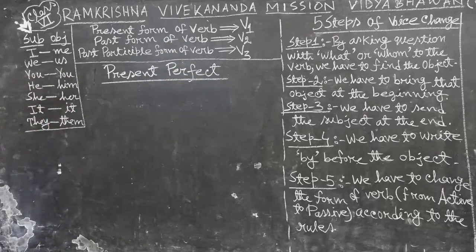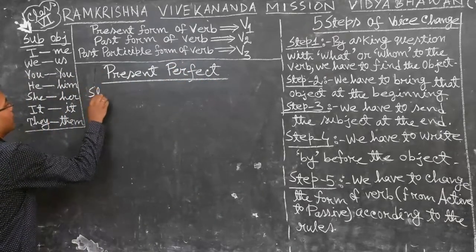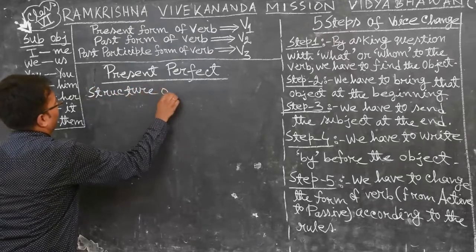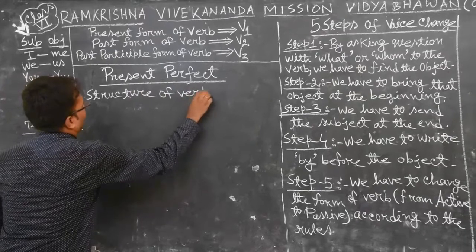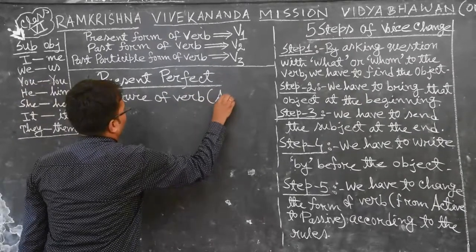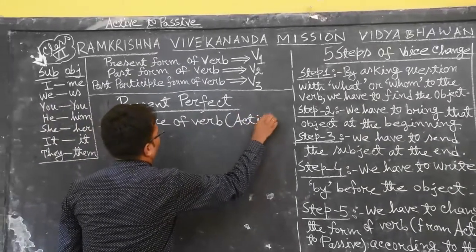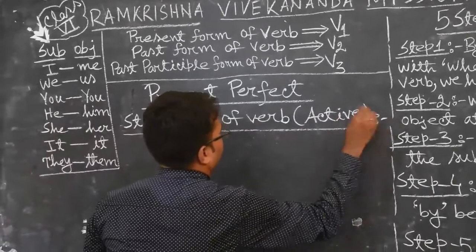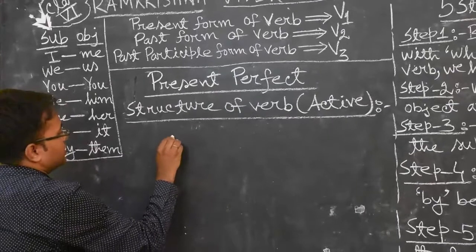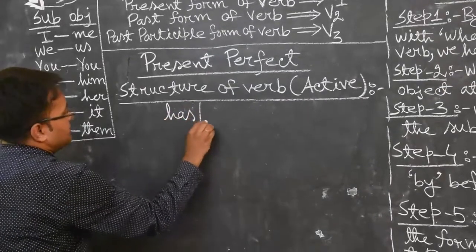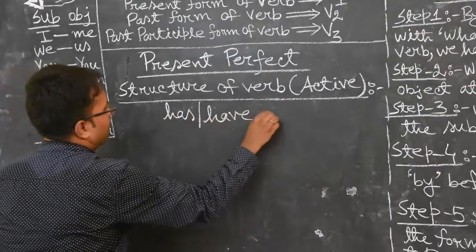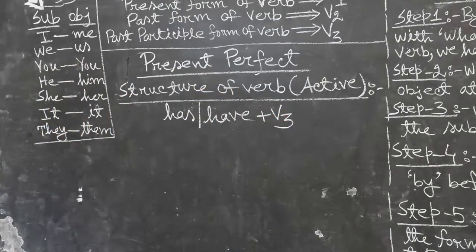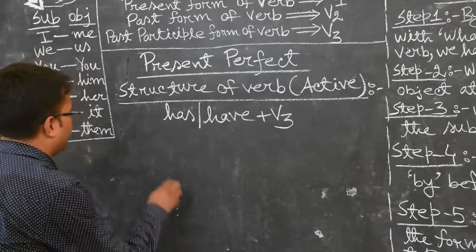Present perfect. Structure of verb in active voice is has or have plus V3.